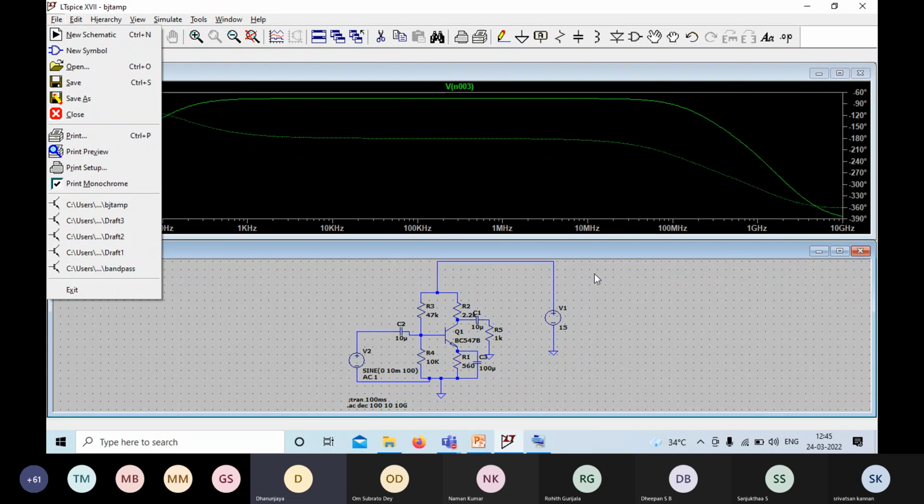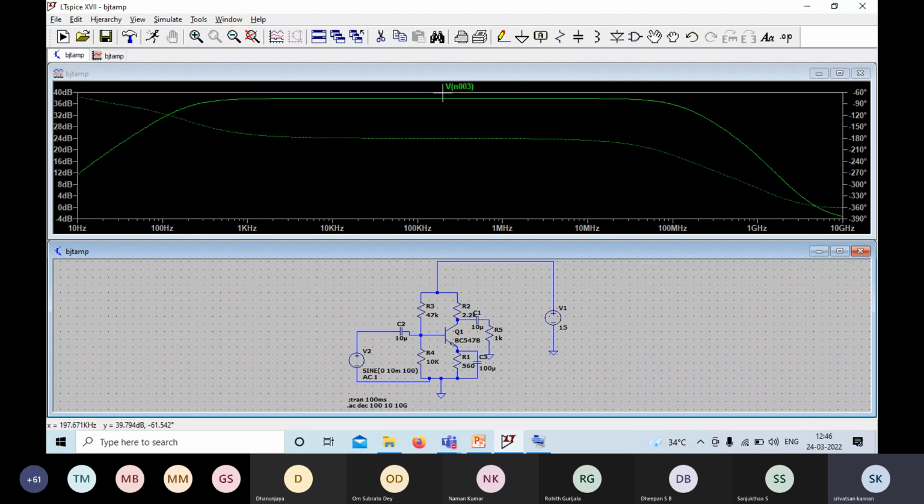Sir, how do we measure the bandwidth here? For bandwidth, you have to see the highest gain. So the highest gain is 37.944, right? Yes, sir. And minus 3 dB is how much? Somewhat around 35.9. Okay, this point is 284 hertz.